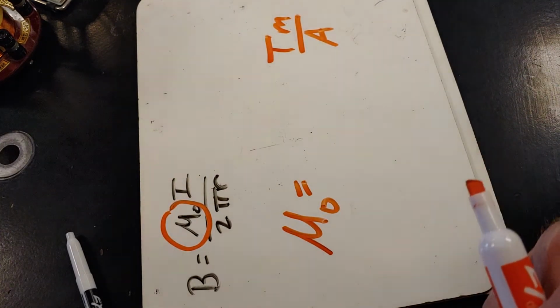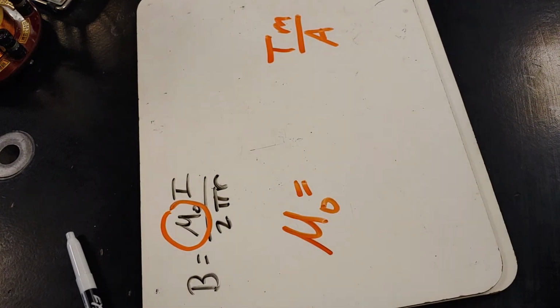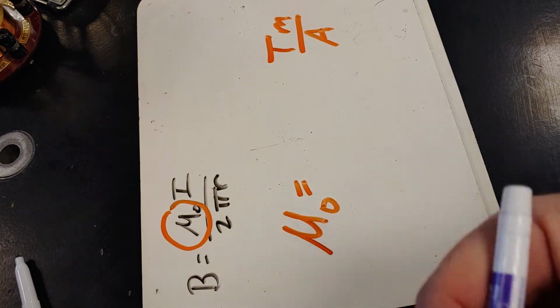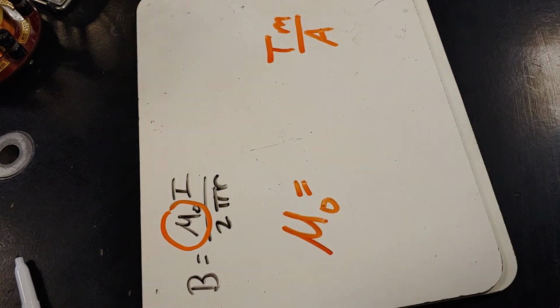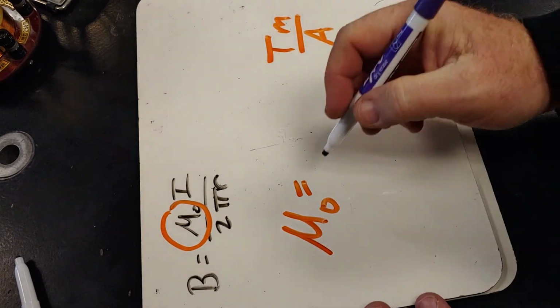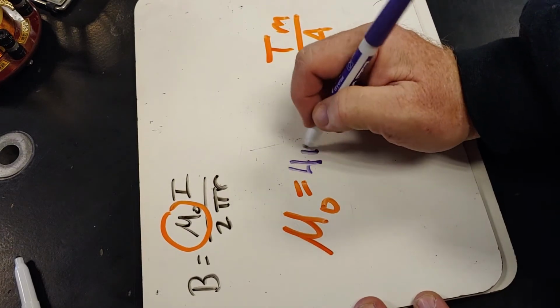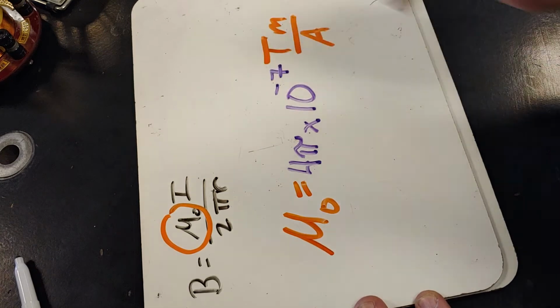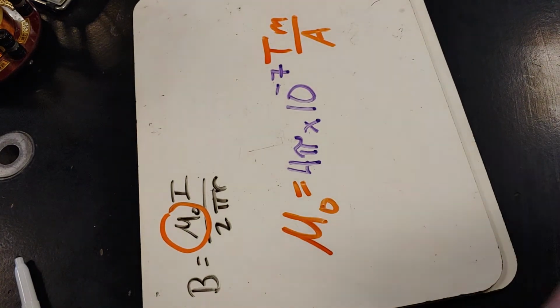And mu naught has one of the more interesting values in all of physics. Someday I hope you'll get to take a far more advanced physics class where you can find out why it has such an interesting value. But it is 4 pi times 10 to the negative 7 Tesla meters per ampere.